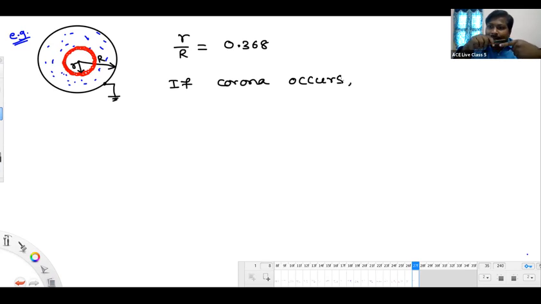Can I say that that particular dielectric medium is converted into conducting material? Yes or no? If it's getting ionized, the dielectric medium we have there is getting converted into a conducting medium. Okay, fine.